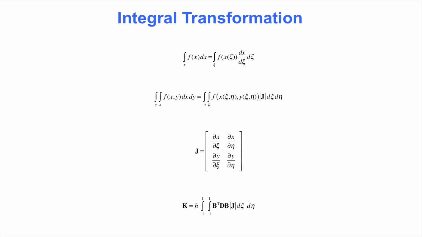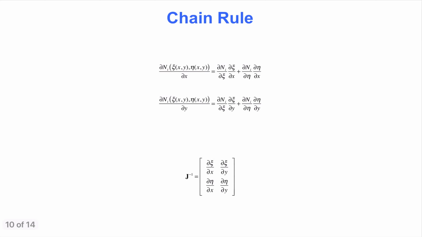Also, remember that the B matrix contains derivatives with respect to x and y, while the shape functions are formulated in terms of xi and eta. That issue is addressed on the next slide by means of the chain rule of differentiation. The derivative of a shape function, n, with respect to x is dn d xi times d xi dx, plus dn d eta times d eta dx.